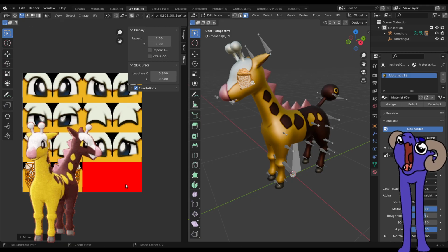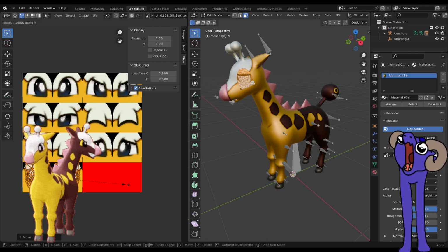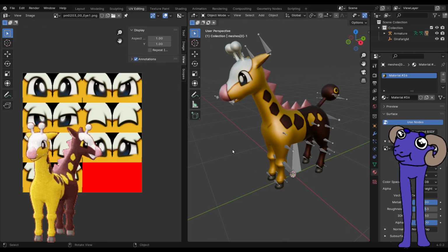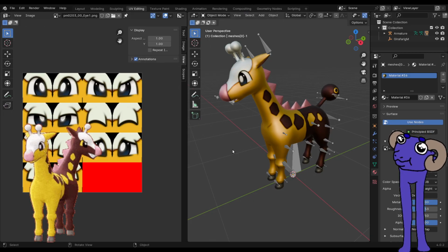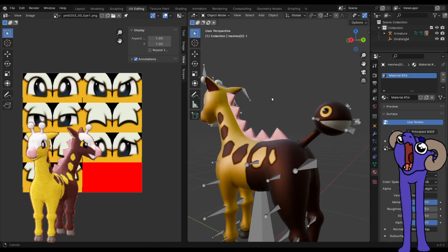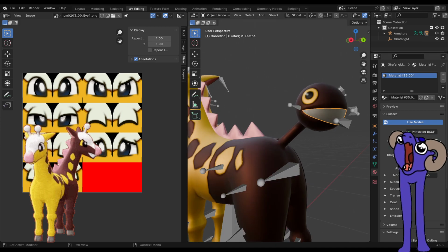Here, actually, I should put them like here and then scale on the Y by -1. Oh, okay, it does just work. Sure. Boom, we have eyes. Eyes on the girafarig. There is no prize.